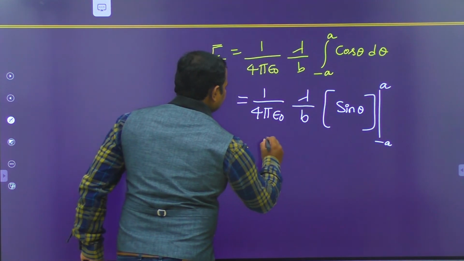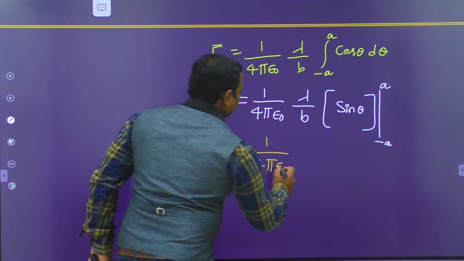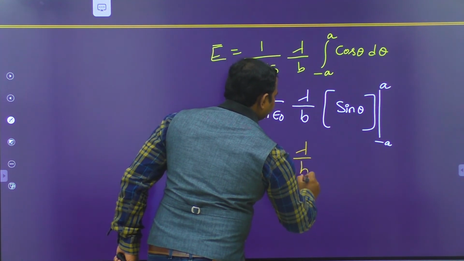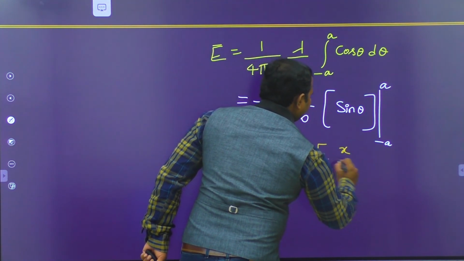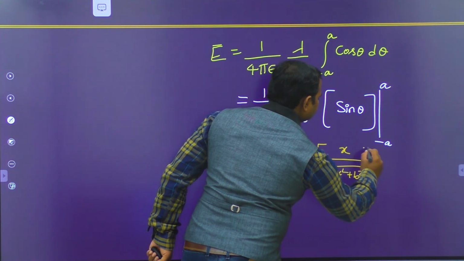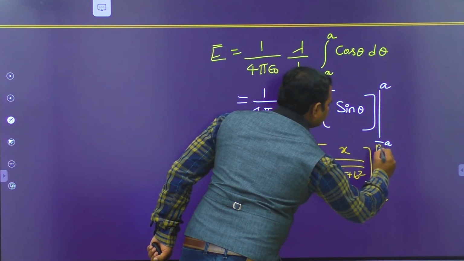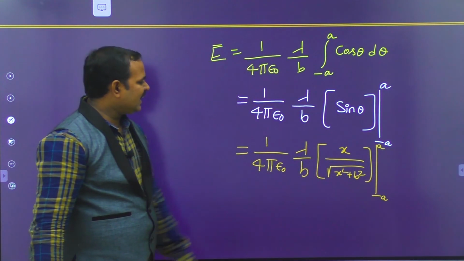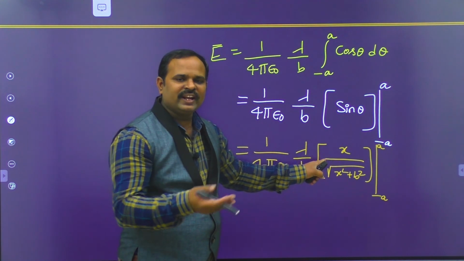So now let us substitute this sin theta value in this equation, which is equal to 1 by 4 pi epsilon naught into lambda by b. Sin theta value, that is x by root of x square plus b square. The integration limits run from minus a to plus a. You can see here x is a variable. We have already discussed how x is varying.